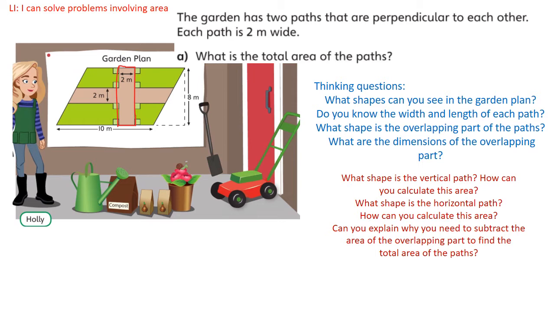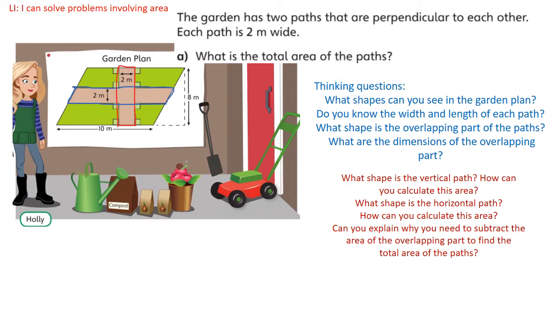We can see that it is 2 metres wide, and then it is the same height as the perpendicular height, and that's given to us. So that is 8 metres. So we know it's 2 metres in one direction and 8 metres in the other. Therefore, we can find the area. So we can say the area of the rectangle is going to be 8 times 2.